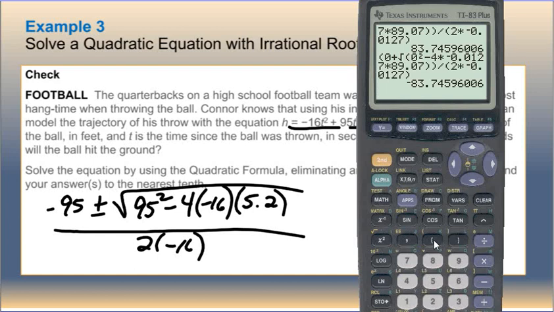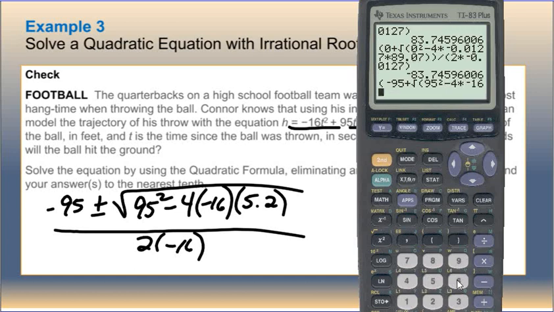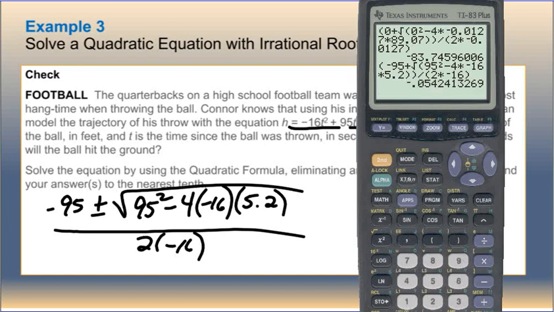So we have parentheses negative 35 plus square root of 35 squared minus 4 times negative 16 times 5.2, close parentheses, divided by parentheses 2 times negative 16, close parentheses, and we would get negative 0.05.